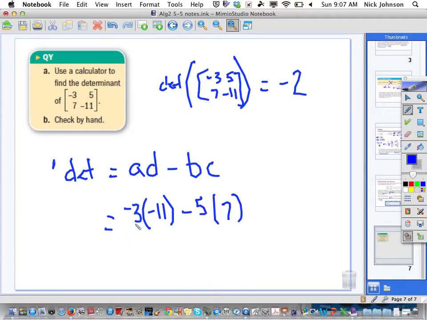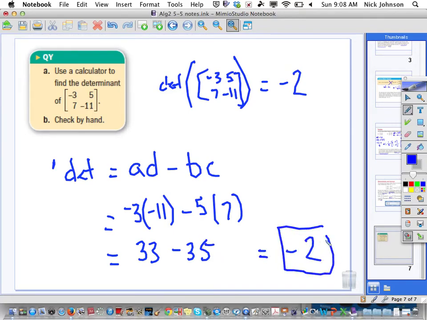So a -3 times a -11 is a positive 33. A 5 times 7 is a 35. So 33 minus 35 equals a -2. So these both check out.